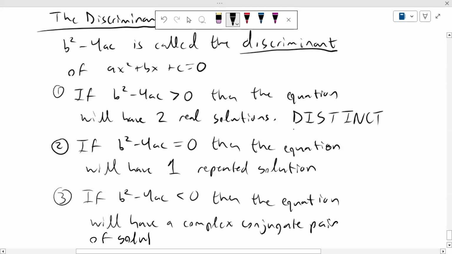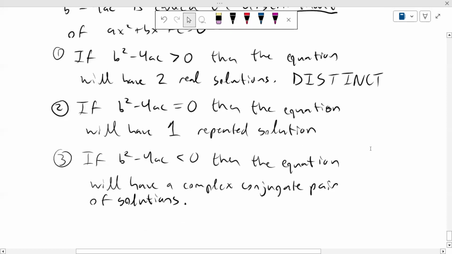Like in the last example that we did, those were complex conjugates of each other. Okay, so those are our rules there, right? If we compute our discriminant, it's either going to be positive, 0, or negative, and so that leads to our three possibilities.